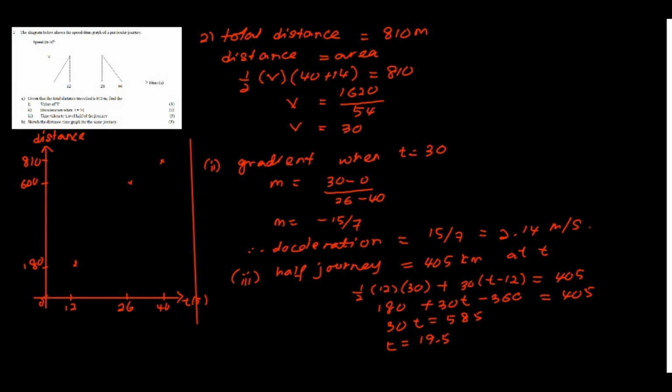Okay, so the curve is for the first 12 seconds. After that it is consistent, the speed is 30 and constant. And after that the last 14 seconds. So this is the sketch graph for distance-time.